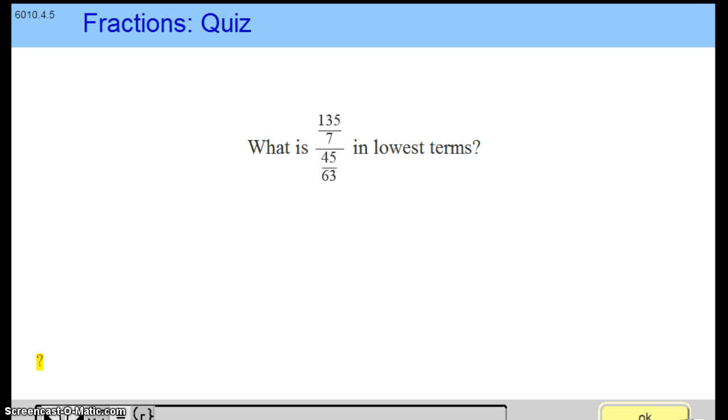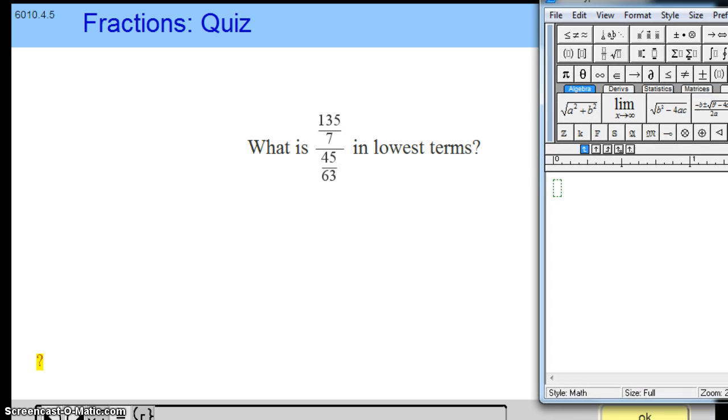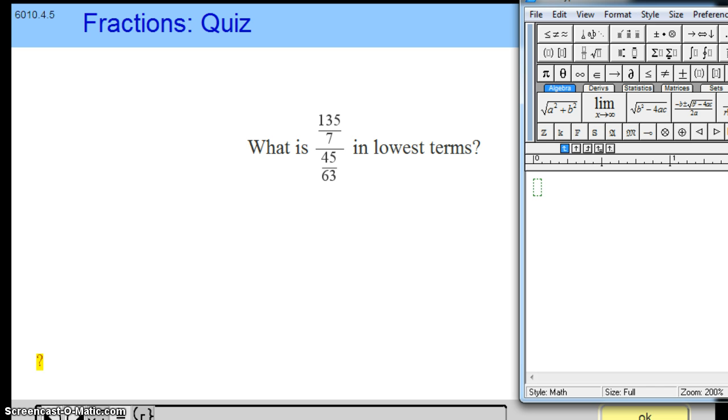The first thing I'm going to do, I like to write these out as multiplication problems. That's easier for me to understand. So what we have here is 135 over 7, divided by 45 over 63.